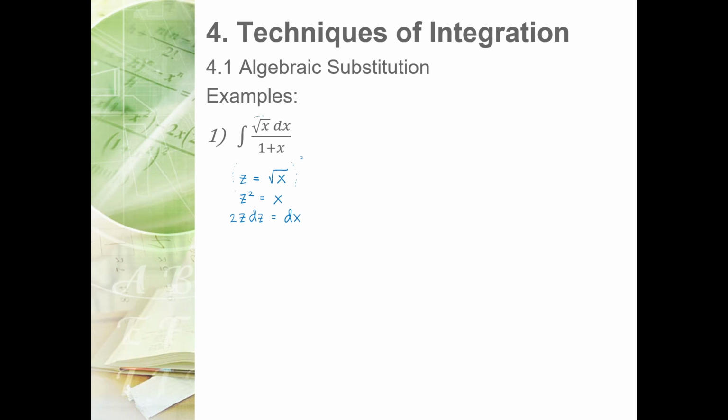So for square root of x, this becomes the z parameter. For dx, this becomes the 2z dz term. And for 1 plus x, of course we just replace the x variable as z squared.